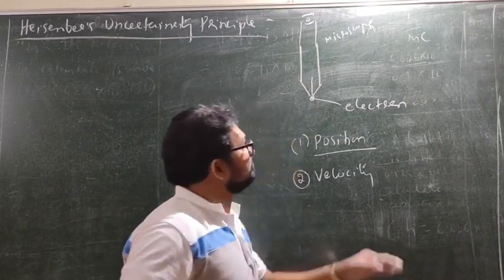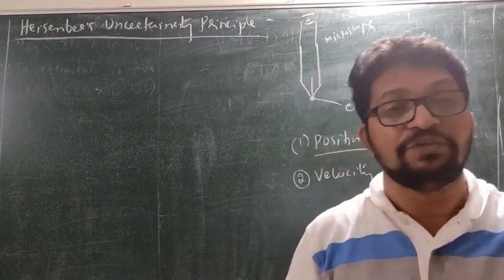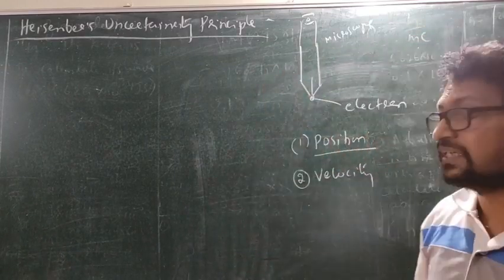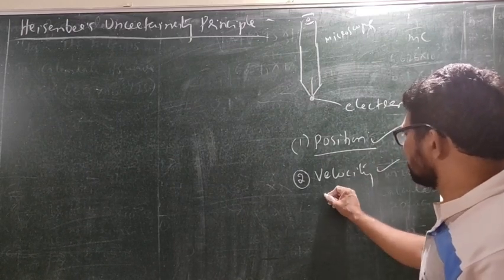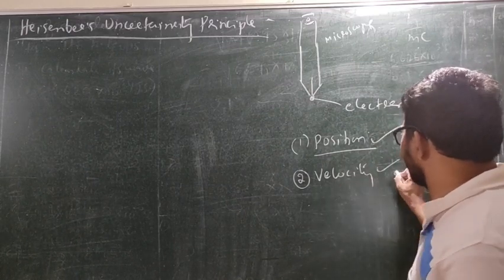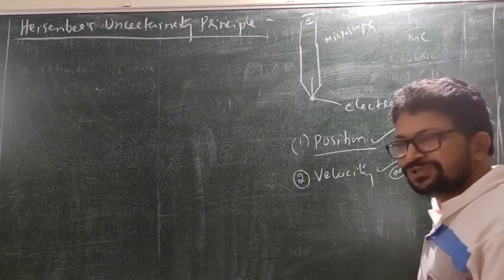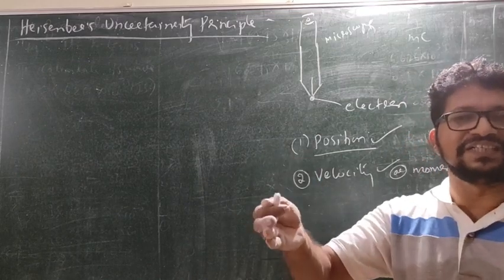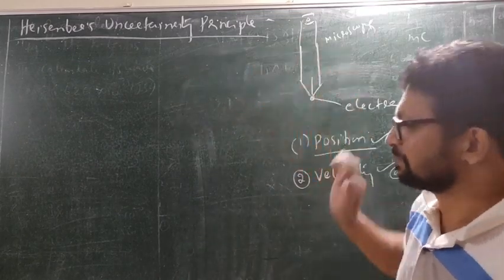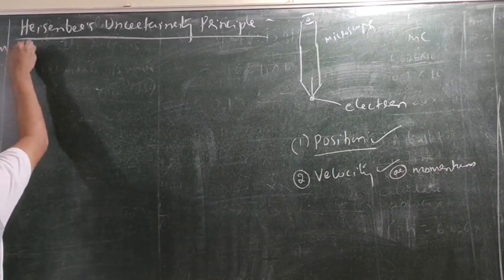That is why, with respect to our eye, or even a microscopic eye, he wanted to measure the position and velocity. Velocity multiplied by mass is called momentum. But he could not. Then with difficulty, he states his principle. Two mark question: state Heisenberg's uncertainty principle.